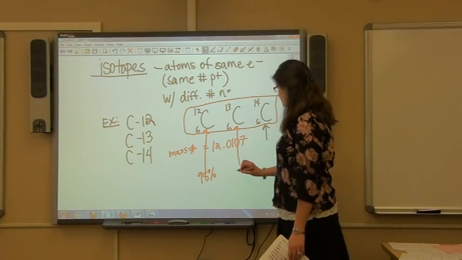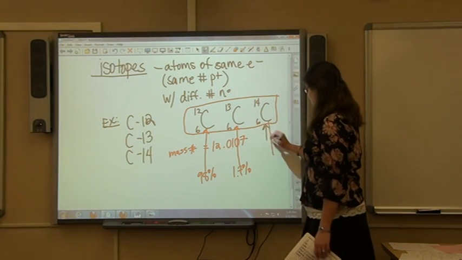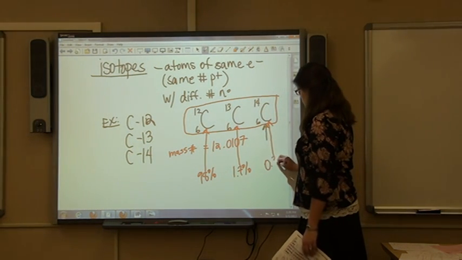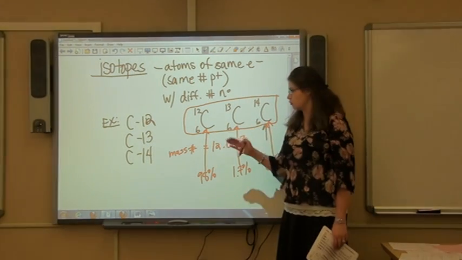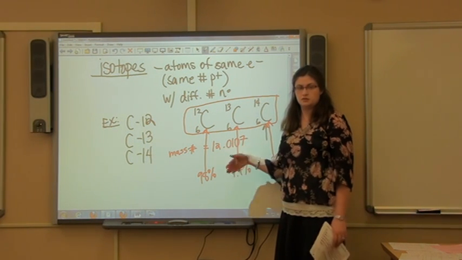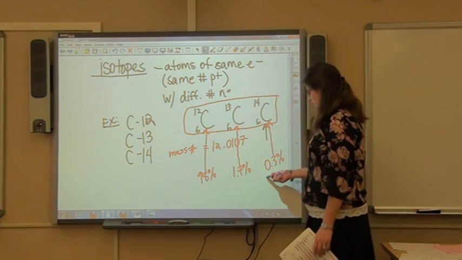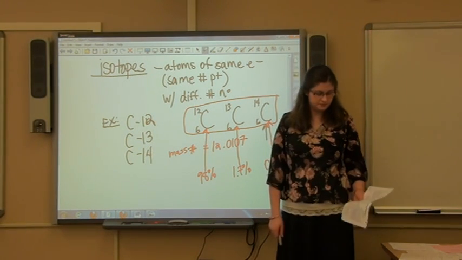I think carbon-13 is something like 1.7%, and I think that carbon-14 is something like 0.3%. So obviously, the amount of carbon-14 isn't going to increase the mass number of carbon tremendously because it only accounts for 0.3% of all the carbon in the universe.